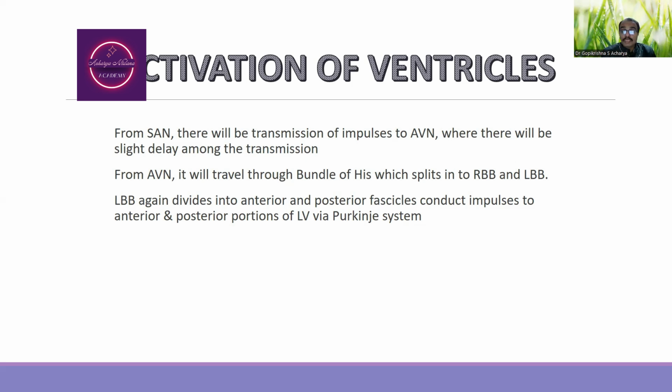From there, it will be moving into the right bundle branch and left bundle branch. The left bundle branch is again divided into two: anterior fascicles and posterior fascicles. Because of which, impulses will be moving into the anterior and posterior portions of the left ventricle via the Purkinje system.